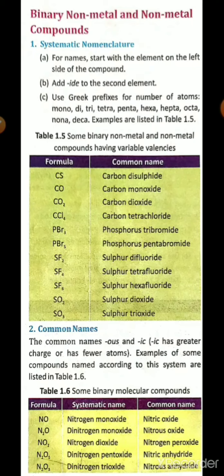So as the metals have lower valencies as compared to non-metals, that's why we should write the metal first.